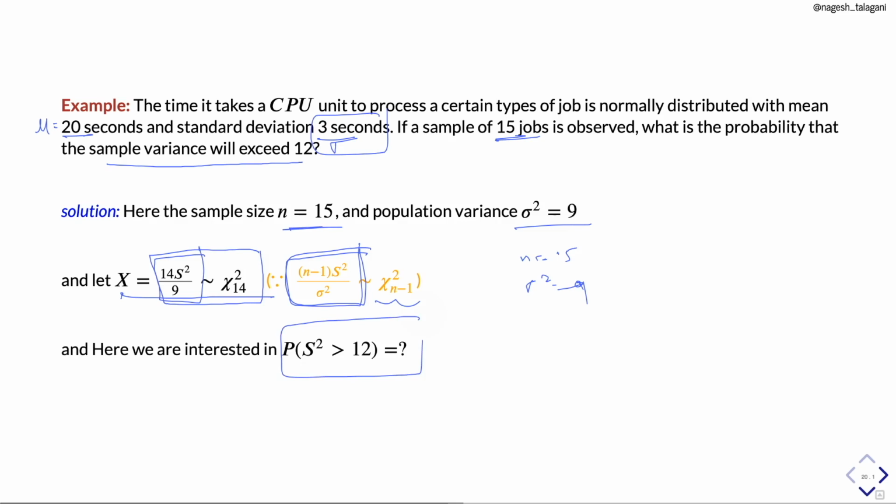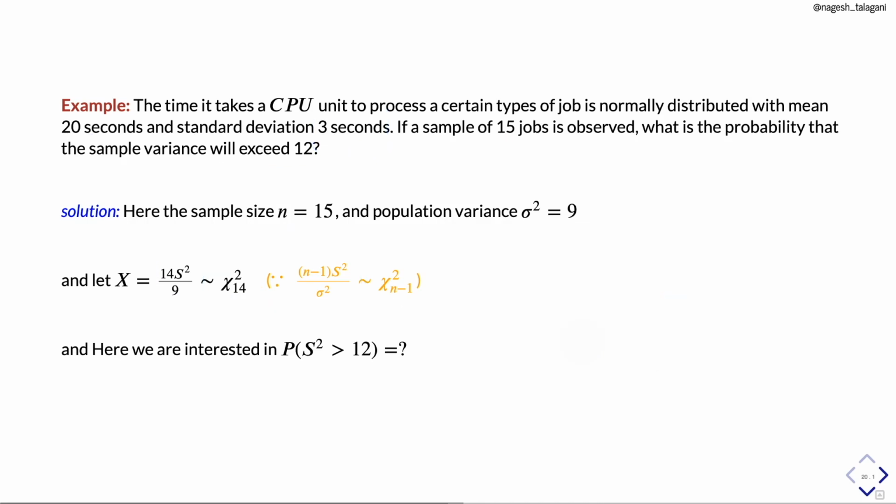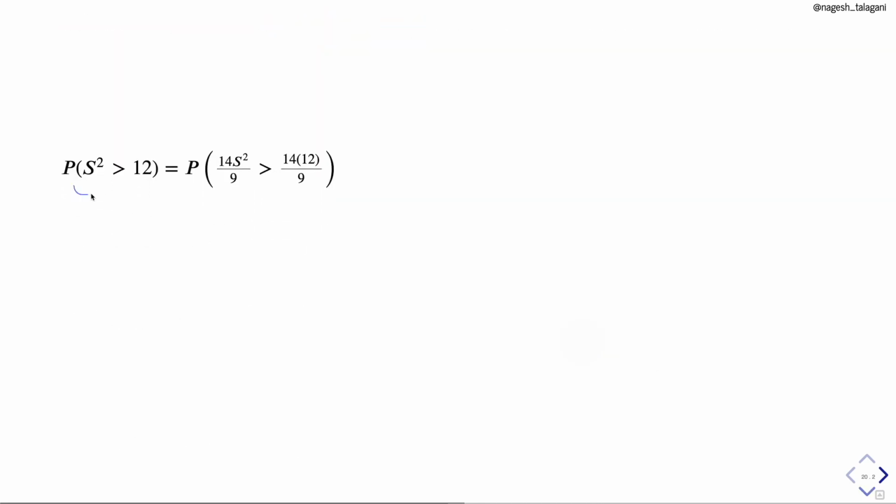Now this event, s square greater than 12, will be equivalent to this event if I multiply by 14 on each side and divide by 9 on each side. So the probability of this event will be the same as the probability of the other event. So the probability of s square greater than 12 equals the probability of 14 s square by 9 greater than 14 times 12 by 9.